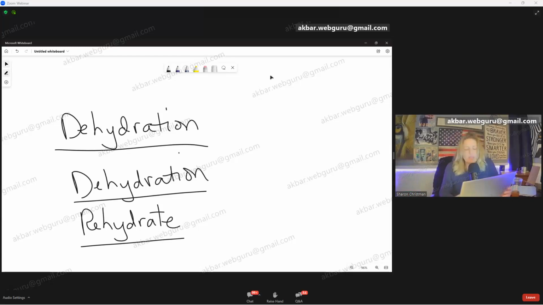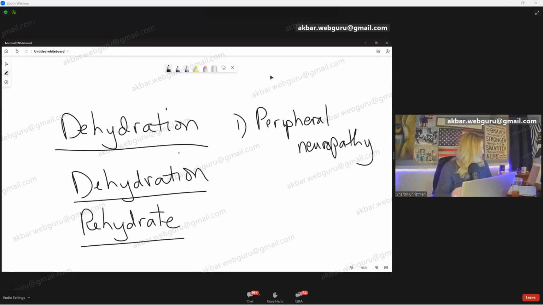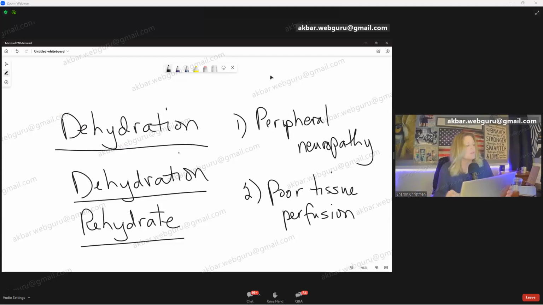Okay, long-term complications of diabetes are related to two things: peripheral neuropathy and poor tissue perfusion. Again, concepts. We're not just giving you a list of the complications of diabetes.